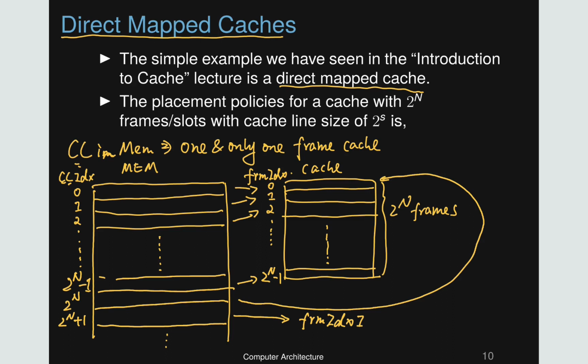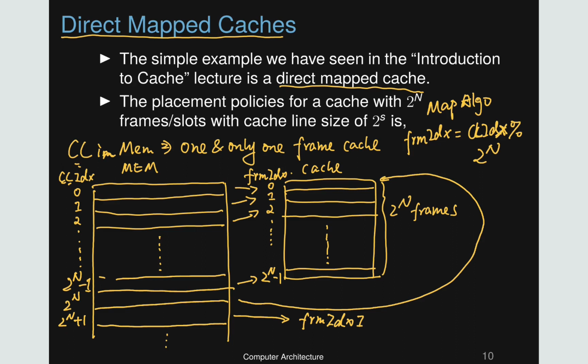And mathematically, we describe this mapping using this equation. Essentially, the mapping equation is that the frame index that is going to be used to store a cache line is the cache line index modulo the size of the cache, which is 2 to the n.